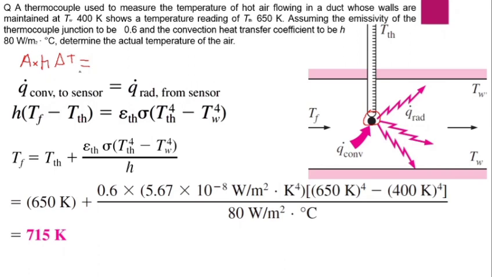Okay. So this should be equal to the heat transfer from the thermocouple to the pipe, right? Because of radiation. And this should be equal to, as you already know, area into epsilon into sigma into T thermocouple to the power 4 minus T wall, T pipe to the power 4. So how this formula came, that I am going to solve.